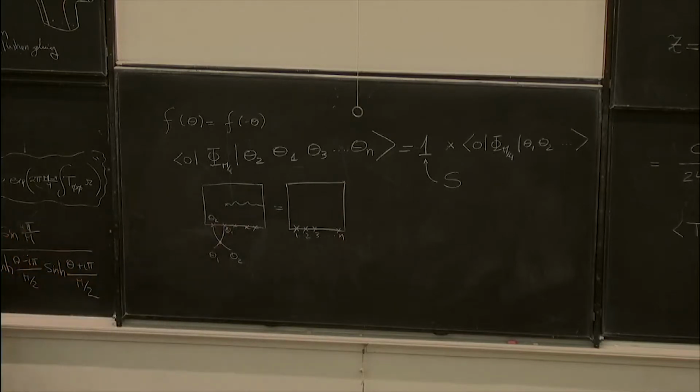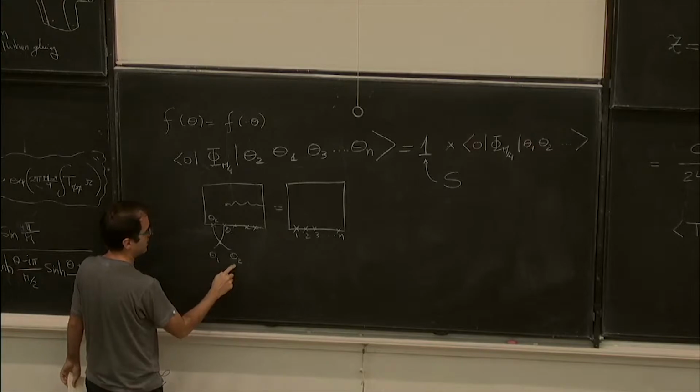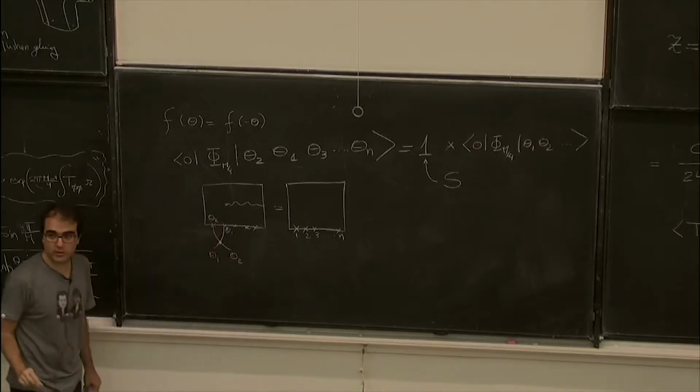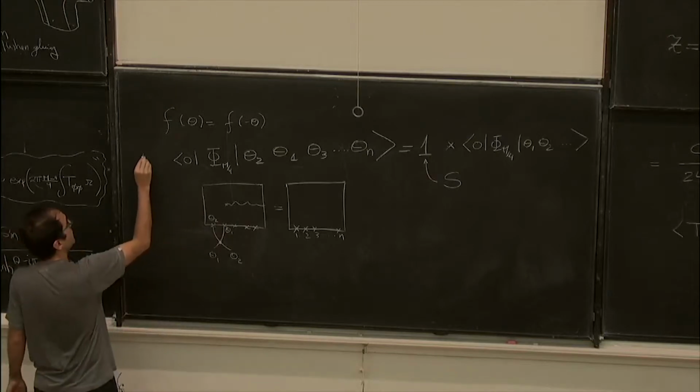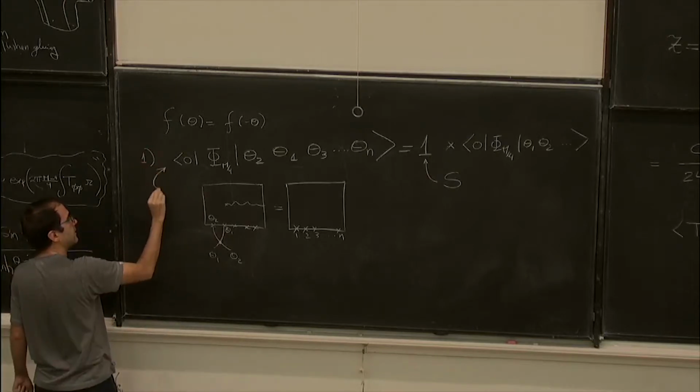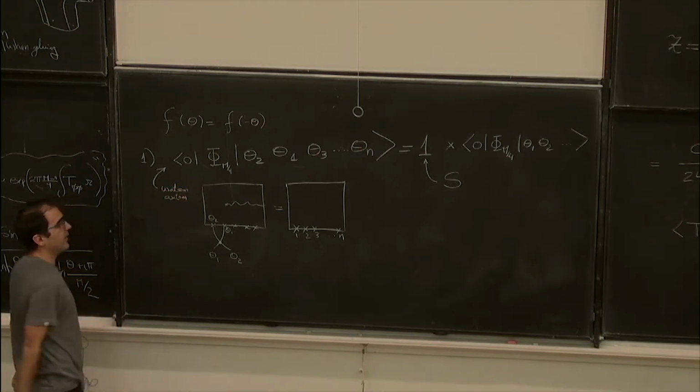So the object with 1, 2 is equal to the S matrix of 1, 2 times the object with 2, 1. So they are just the same. This thing is what's called the Watson axiom. That's the first axiom that these objects should satisfy.